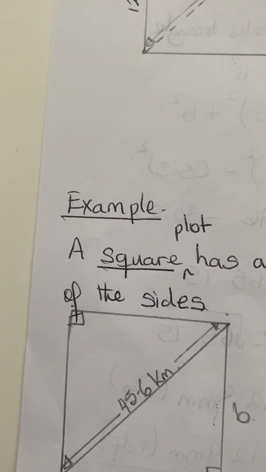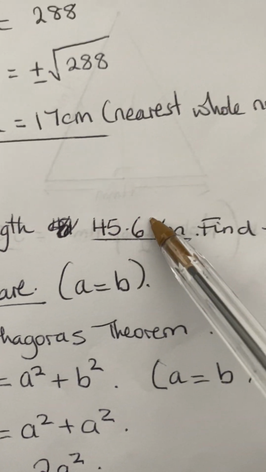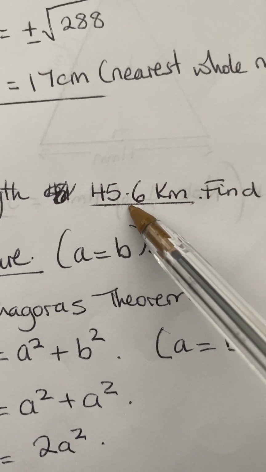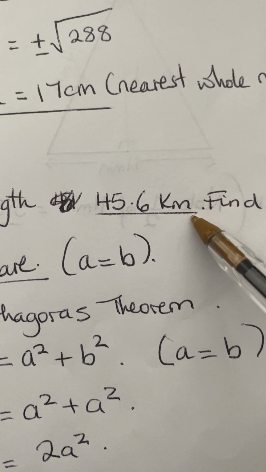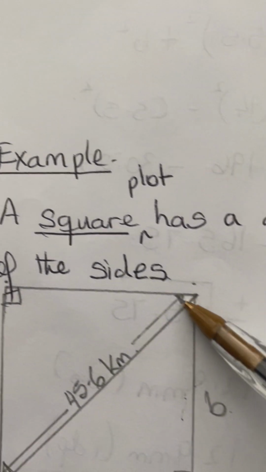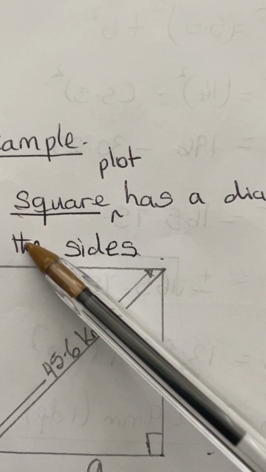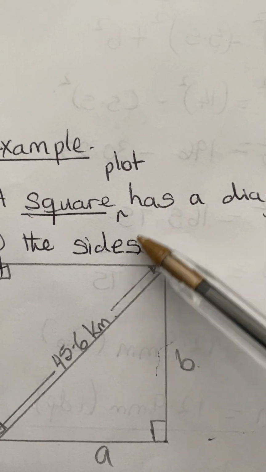Another example. A square plot has a diagonal of length 45.6 kilometers. Find the length of the sides. Here again, we know it's a square, it's a plot.